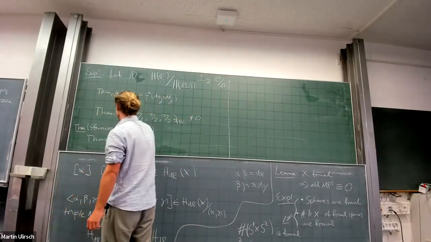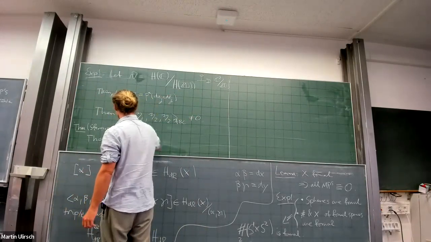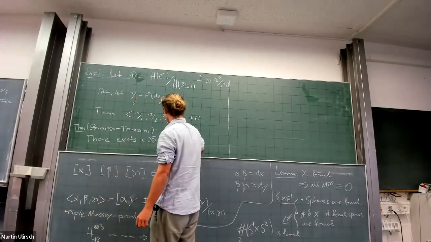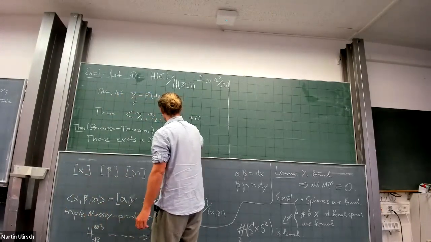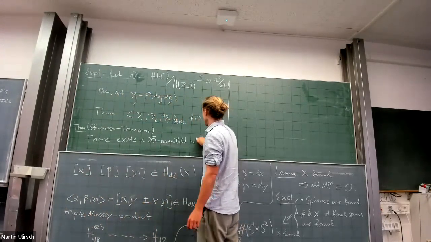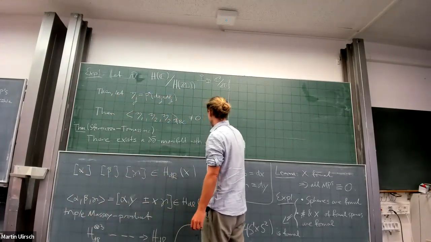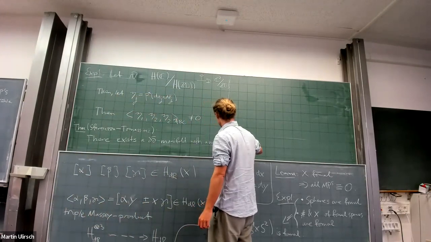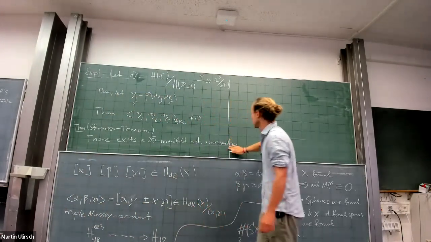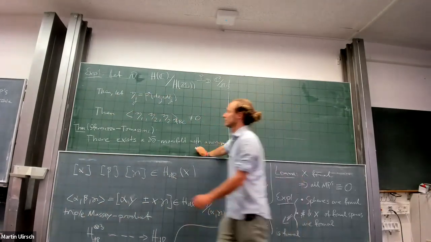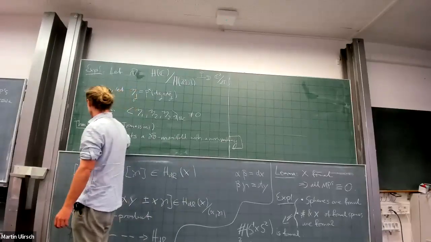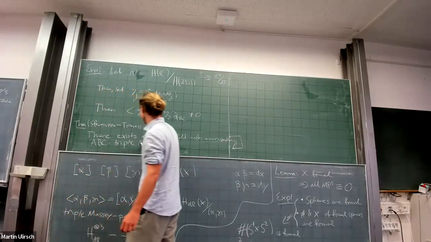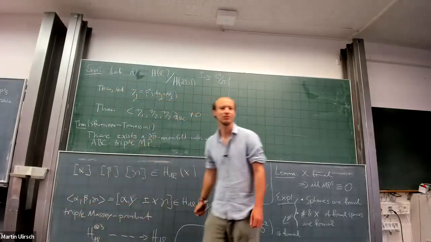Which says there exists a ddbar manifold with a non-vanishing ABC triple Massey product.